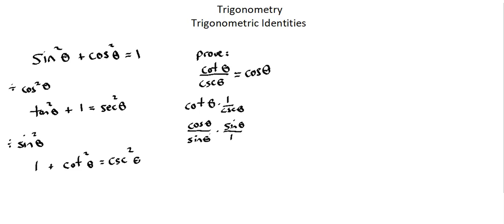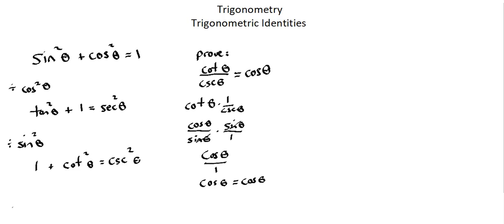And now I can cross multiply to end up with cosine of angle over 1, which is equal to cosine of angle. So that's a proof of the identity cotangent of angle over cosecant of angle equals cosine of angle.